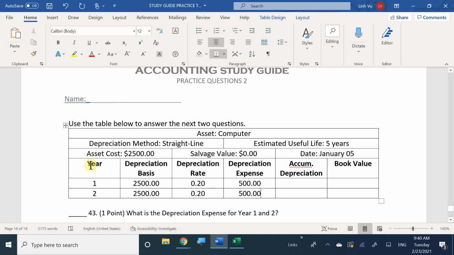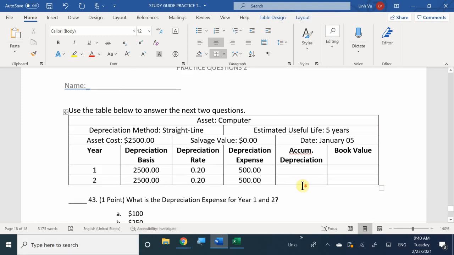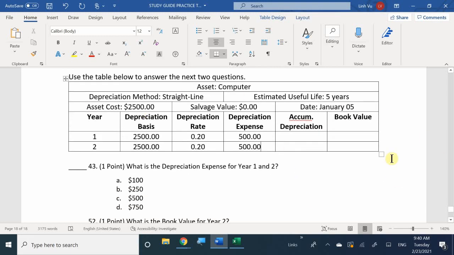So the question is, you don't need to fill out the whole entire table because the question asks you, what is the depreciation expense for year 1 and 2? So it's 500.